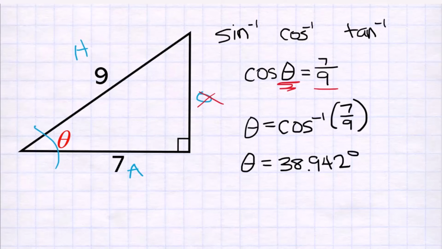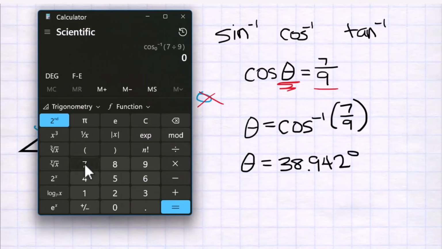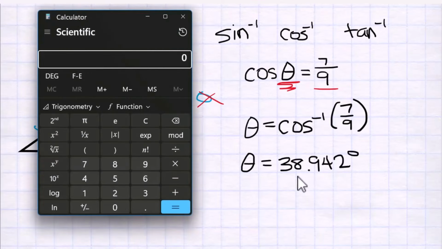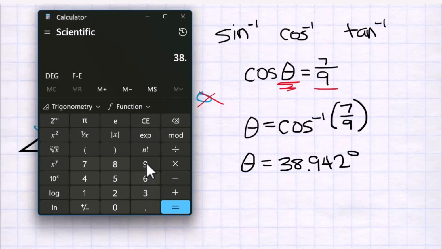And just for fun, let's check and see. Let's say I put that in and just find the cosine of it. Let's figure what 7 divided by 9 was. Just a bunch of 7s repeating, right? What I'm going to do is find the cosine of this angle and just check my work and see if that actually worked out. 38.942.